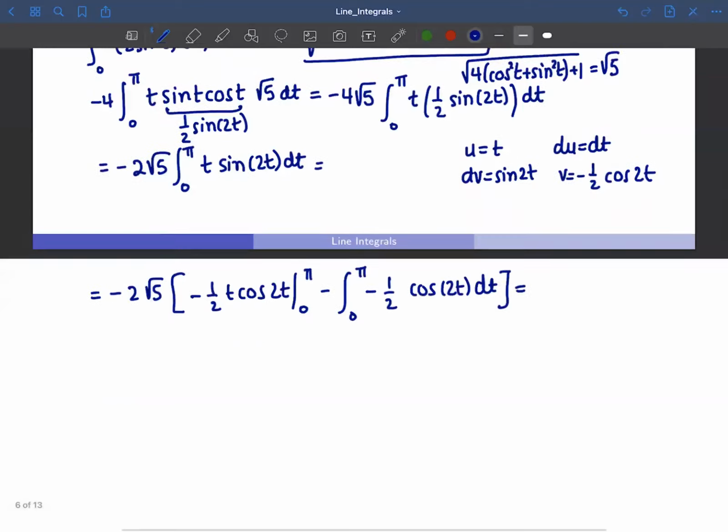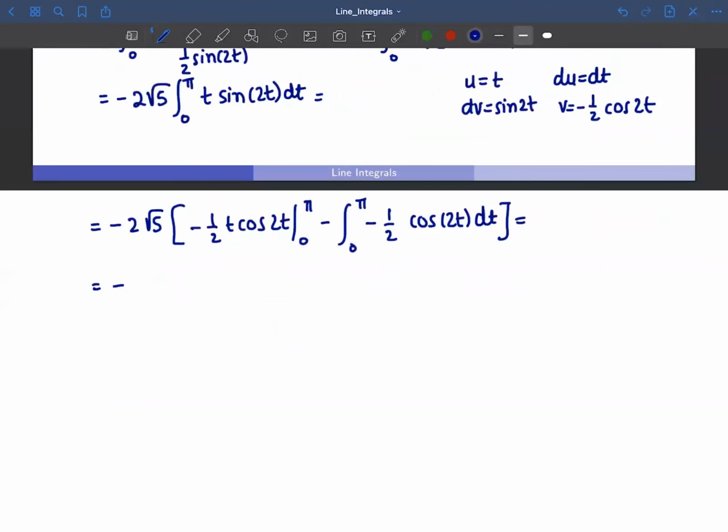So that is equal to negative 2 square root of 5 times negative one half pi times the cosine of 2 pi, and then for t equals 0, we have a minus 0.